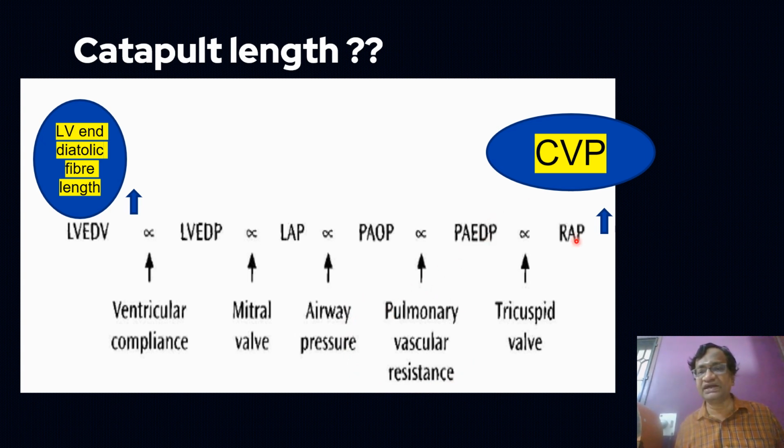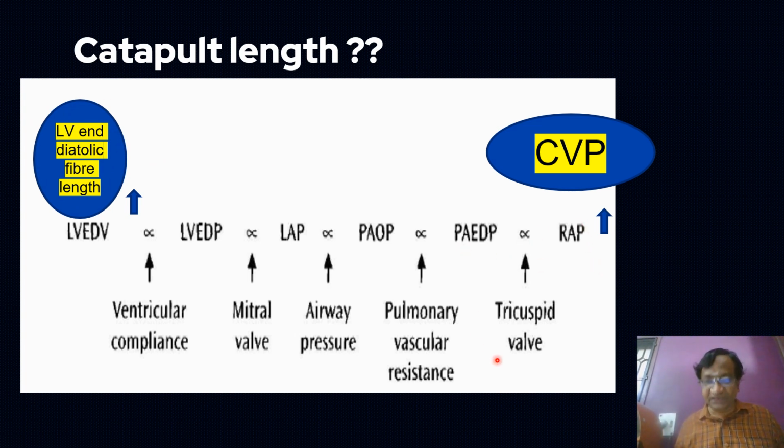This is okay for RAP, right atrial pressure, only if the tricuspid valve is normal. So the right atrial pressure determines CVP. If the CVP is high, we think that your preload is high, or if the CVP is low, you think you need fluids. But the CVP has to correlate with the so-called catapult length, which is the ideal preload.